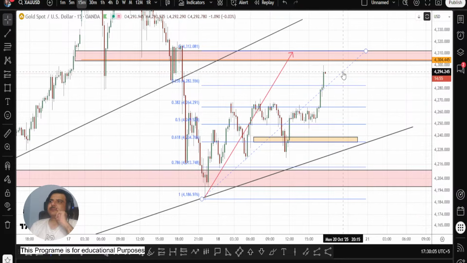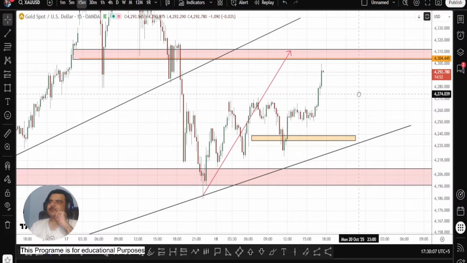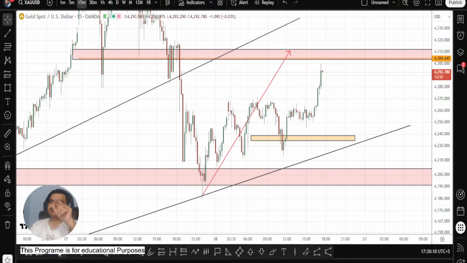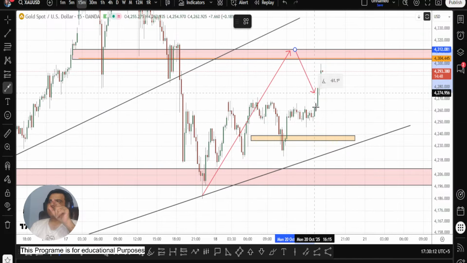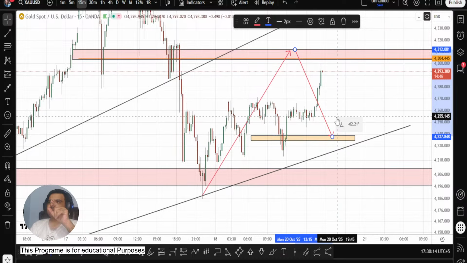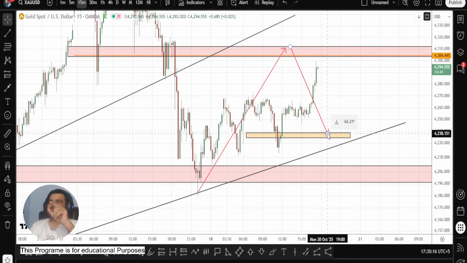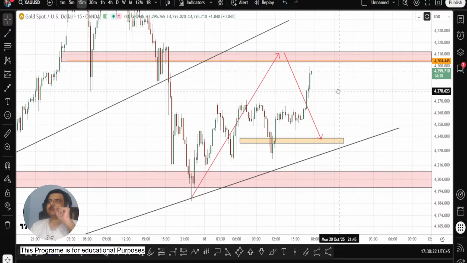So the lucky ones will get it. If this market drops from there back till here, it can give me a very fantastic buying trade opportunity.